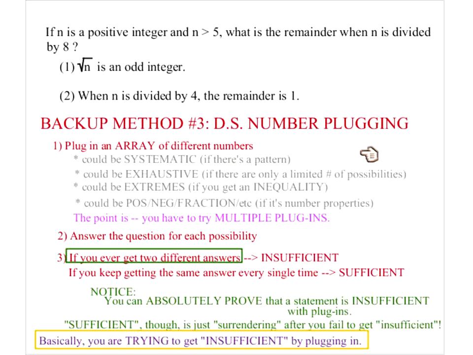So these three methods together, if you apply them far and wide, can solve close to half of what you're going to see in the quant section in some way or another. They're extremely powerful methods. Especially in problem solving, you can solve up to half of the problems by doing some sort of backwards plugging method. Extremely powerful.